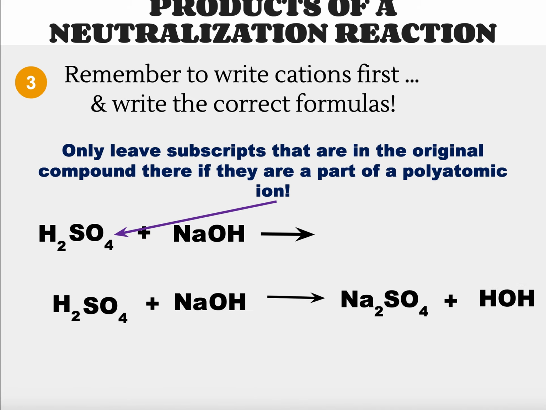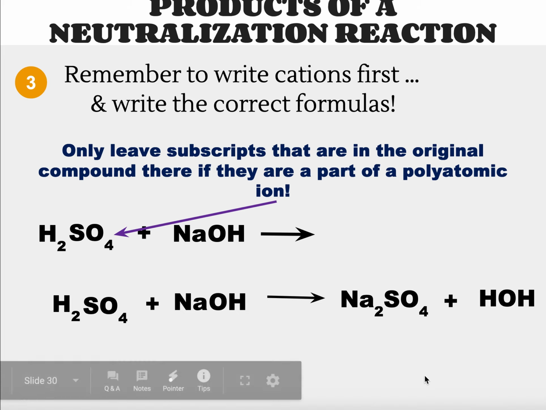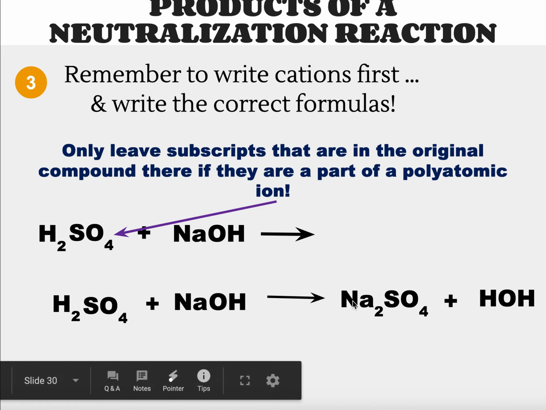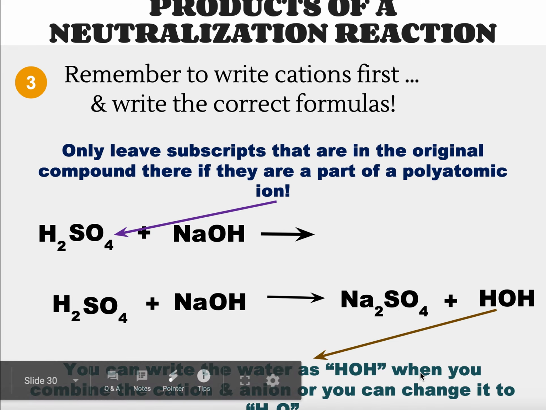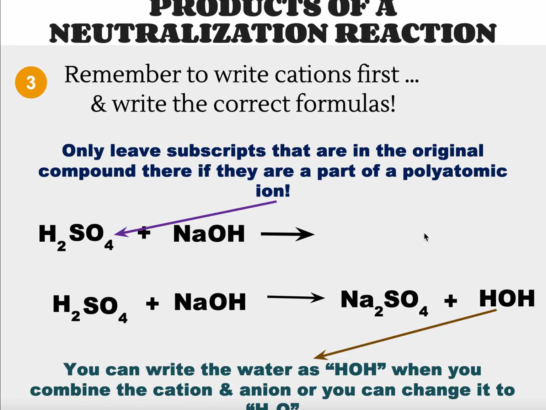Because the products of a neutralization reaction are always a salt, so a generic ionic compound, and water. Now, you can write your water as H2O, or you can write it as HOH. I will take either one on the test.